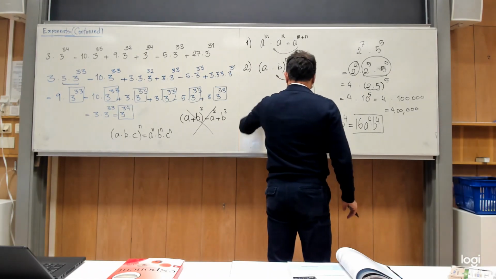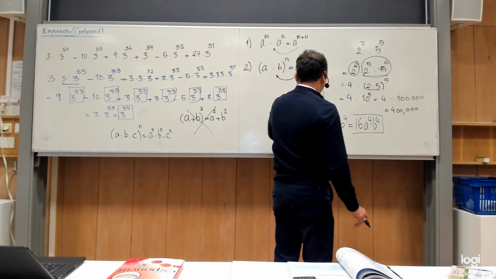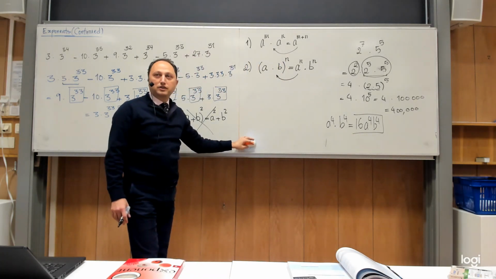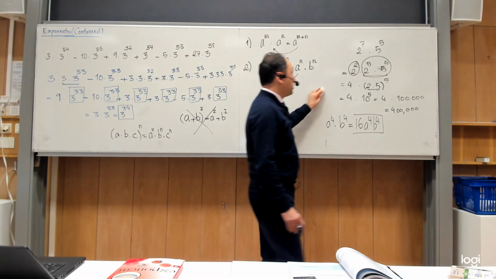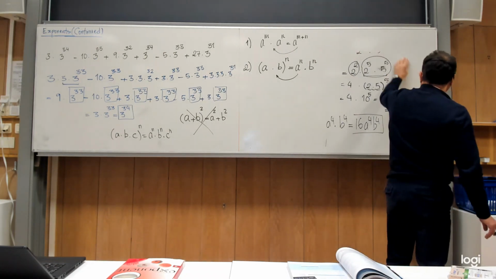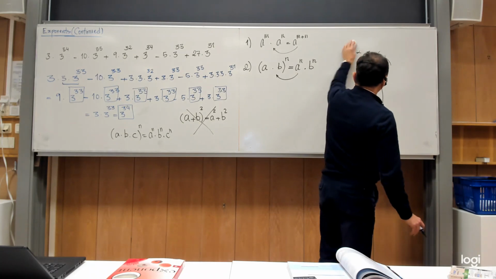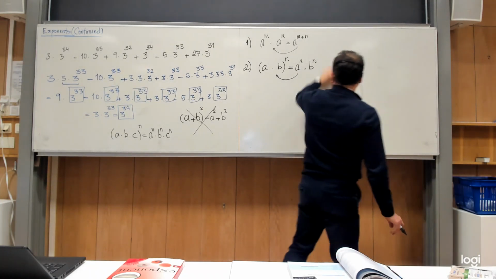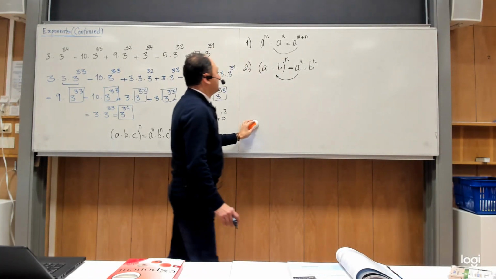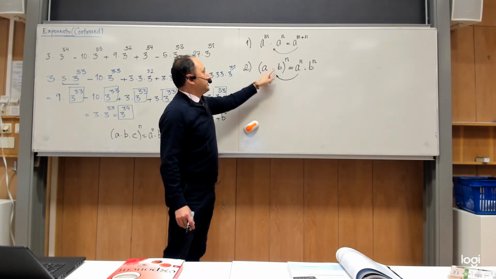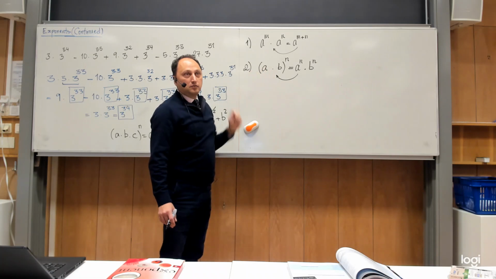I want you to push your memory a little bit hard to give me another formula that you might have studied before about exponents. Do you remember? So far, which operation was our concern? Multiplication.